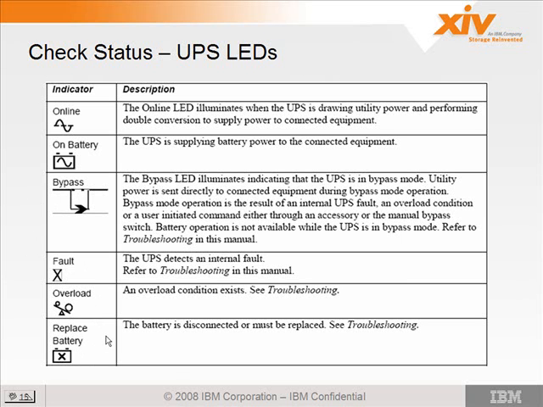Now we've seen some situations in the lab where the UPS is complaining and it has a replace battery light on. Now, the self-test of the UPS will fail. If you do a UPS list CLI command, it'll tell you if it passed or failed the last self-test.